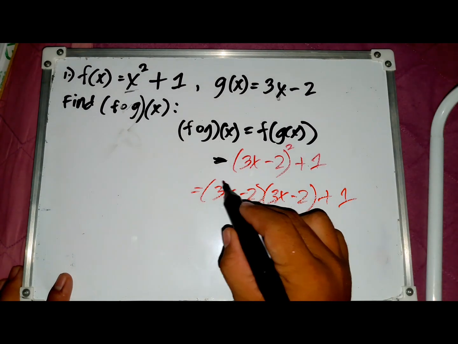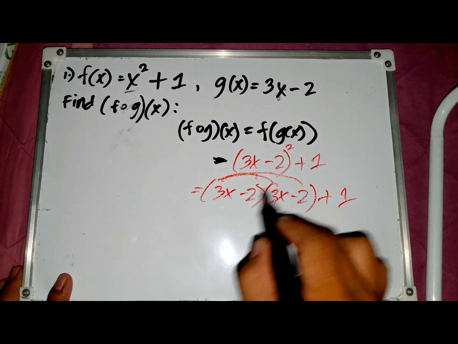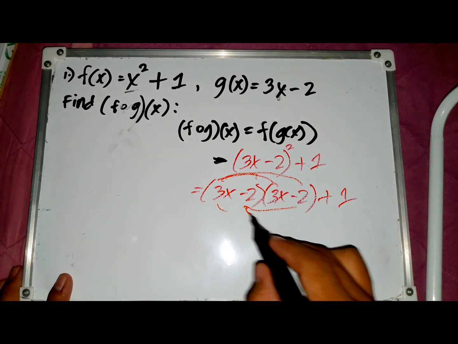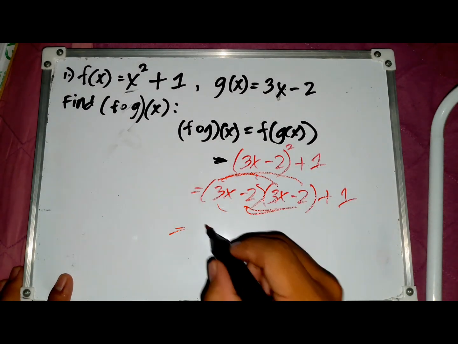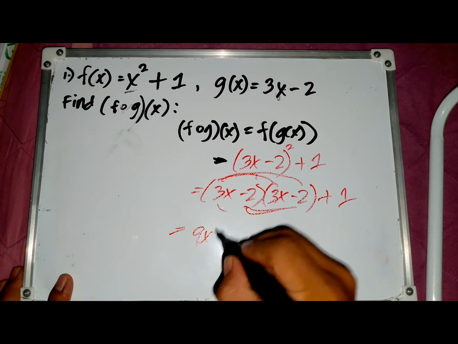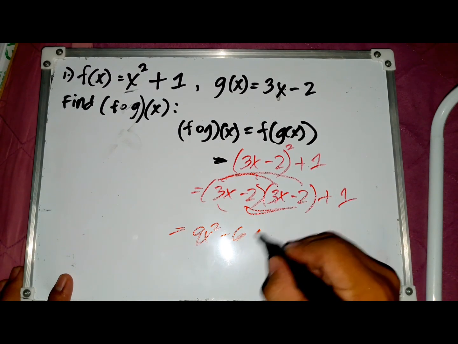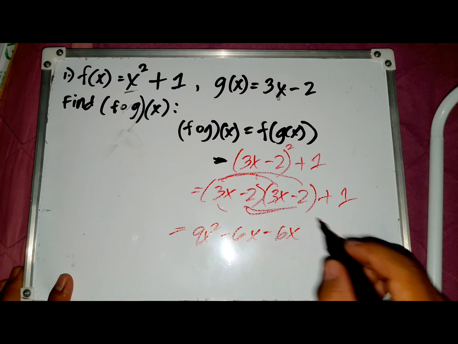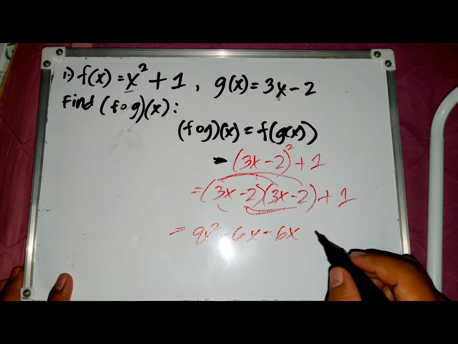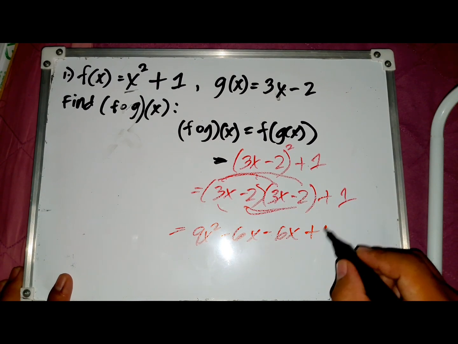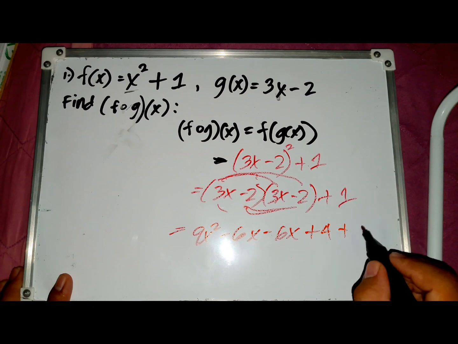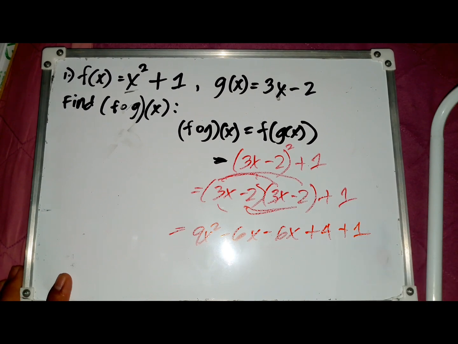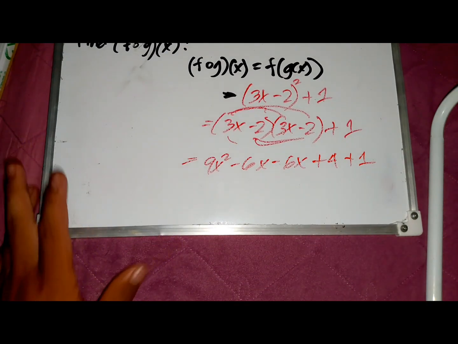Substitute. So we have 9x squared minus 6x, then negative 2 times negative 2 is equal to 4, then copy the plus 1, and combine like terms.